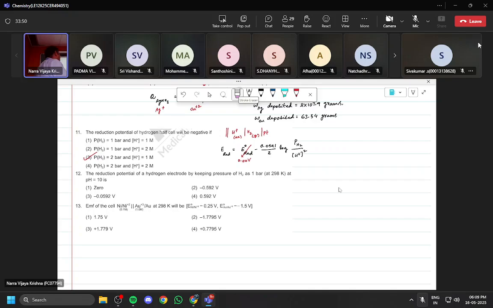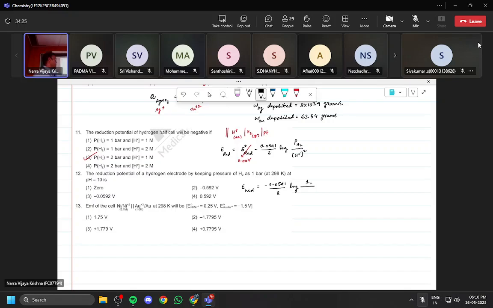Come to the next one. The reduction potential of the hydrogen electrode, keeping the pressure of H2 as 1 bar, at pH equal to 10, is the same hydrogen electrode. They are asking again the reduction potential only. So tell me, same equation, right? So I can write E reduction equals minus 0.0591 upon 2 log, P of H2 is 1.